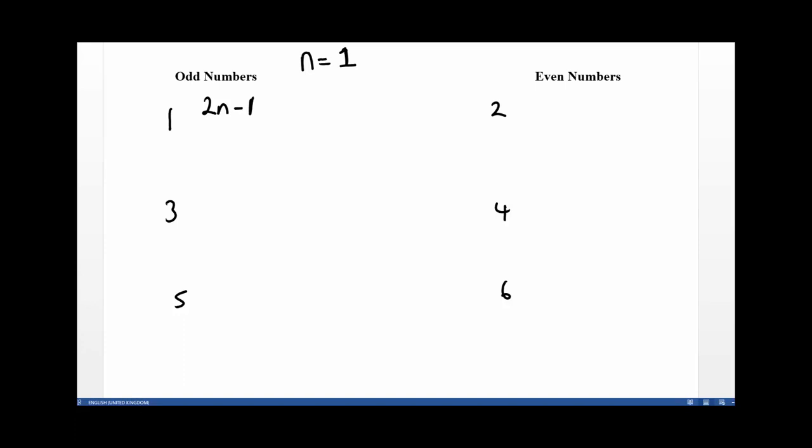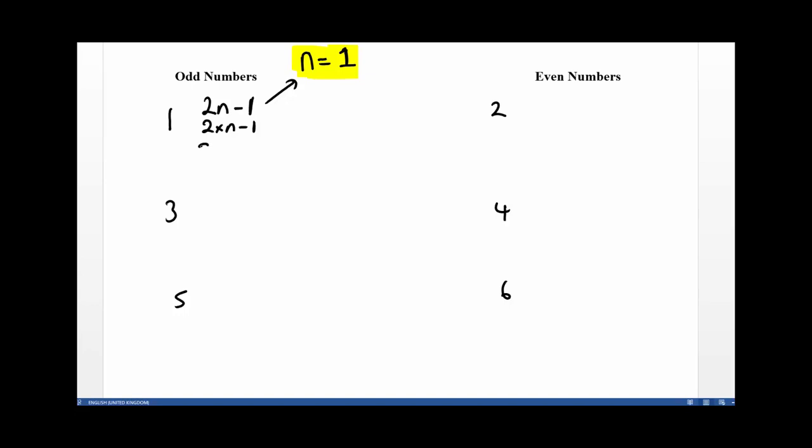Let's look at this in more detail. What does 2n minus 1 actually mean? It means 2 times some value of n, subtraction of 1, will give me an answer. But I've set up here that n is equal to 1. So if I replace n with 1, I should get an answer, right?